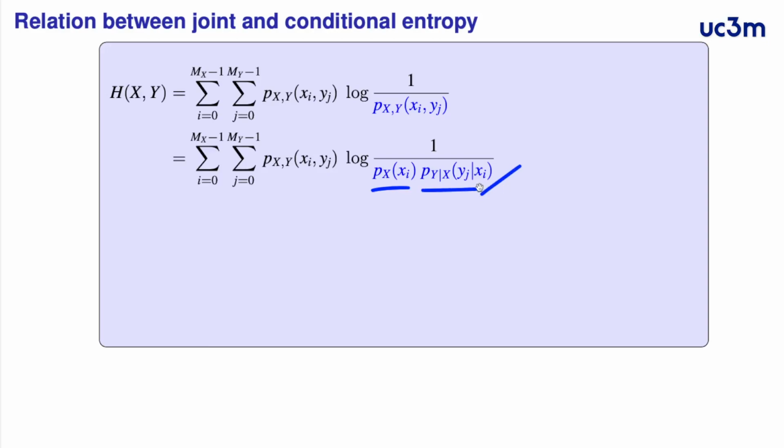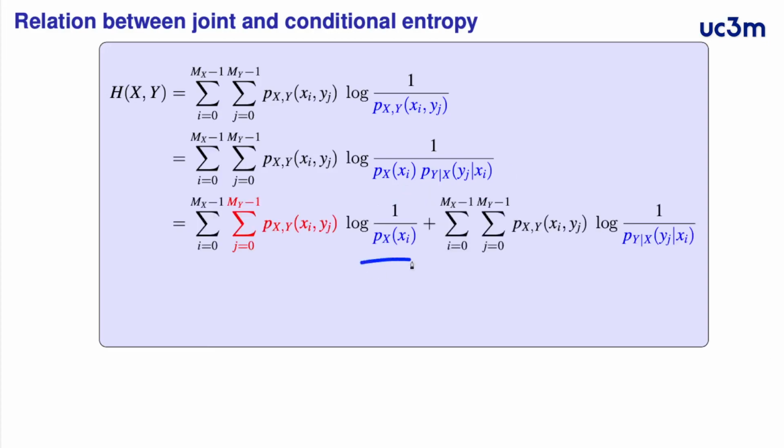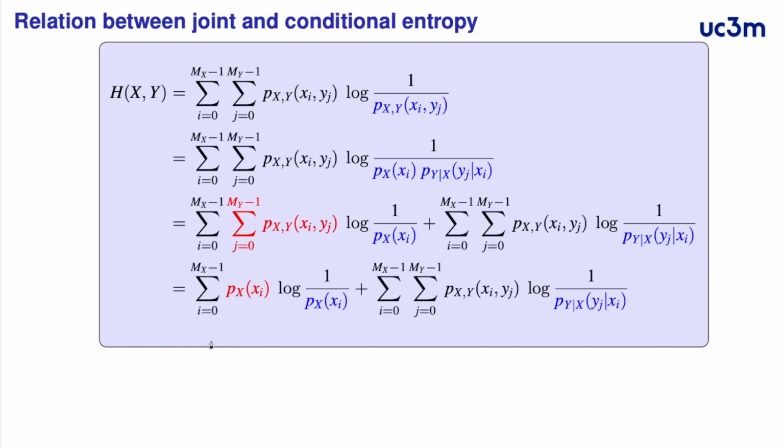And now we consider the property of the logarithm, given that we have a product here in the denominator of the argument of the logarithm, and we separate this term and this term. And now, if we take into account that the addition over the alphabet of y of the joint probability between x and y is the probability of x, what we have here finally is the entropy of x, and what we have here is the conditional entropy of y given x.